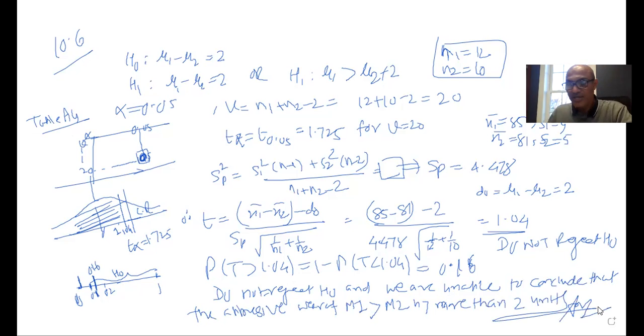And the last part is left out, and the last part says the unknown and unequal variances. Let me just save this file. Whenever you have unknown variances, naturally it is the T distribution, but the degree of freedom differs. With unknown variances that are equal, using Sp or S1 and S2, my degree of freedom V was just N1 plus N2 minus 2.